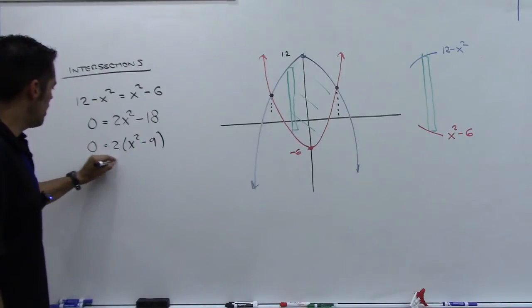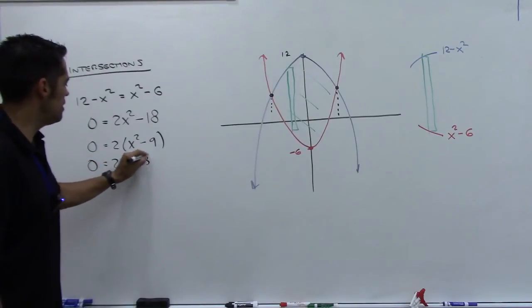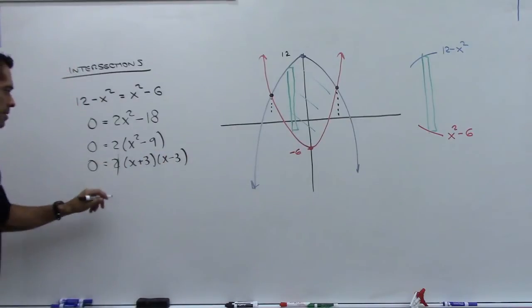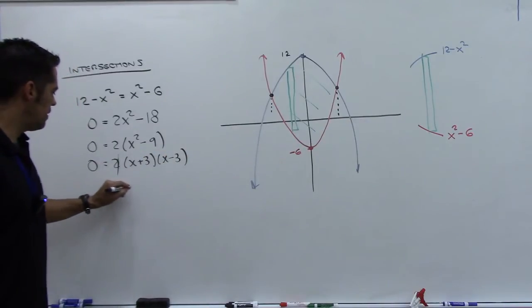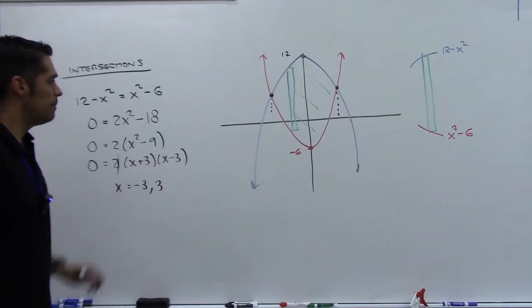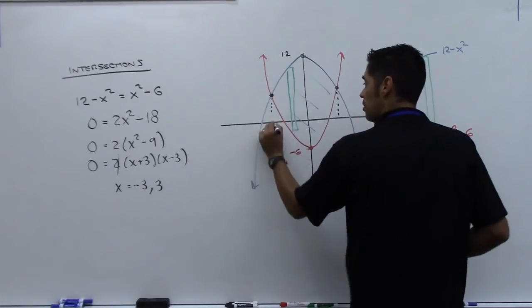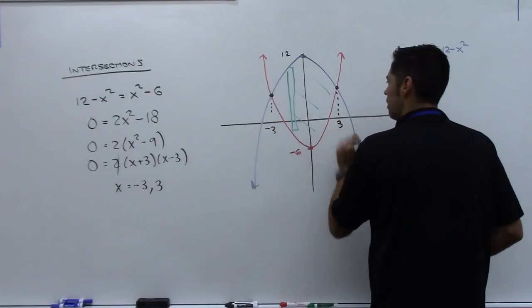That's a difference of squares, so x plus 3, x minus 3. And so I set all these equal to 0. The 2 doesn't matter. I get x's negative 3 and positive 3. And so this should be negative 3. This should be positive 3.